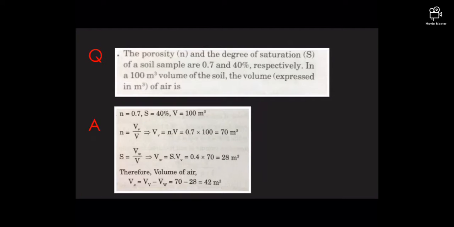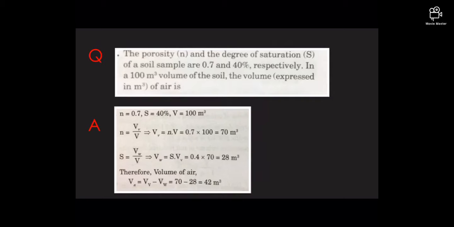Moving on to our next question. The porosity and the degree of saturation of a soil sample are given as 0.7 and 40% respectively. So, in a 100 meter cube volume of the soil, the volume of air is what? We have to be familiar with equations like porosity is equal to volume of voids by volume of soil.